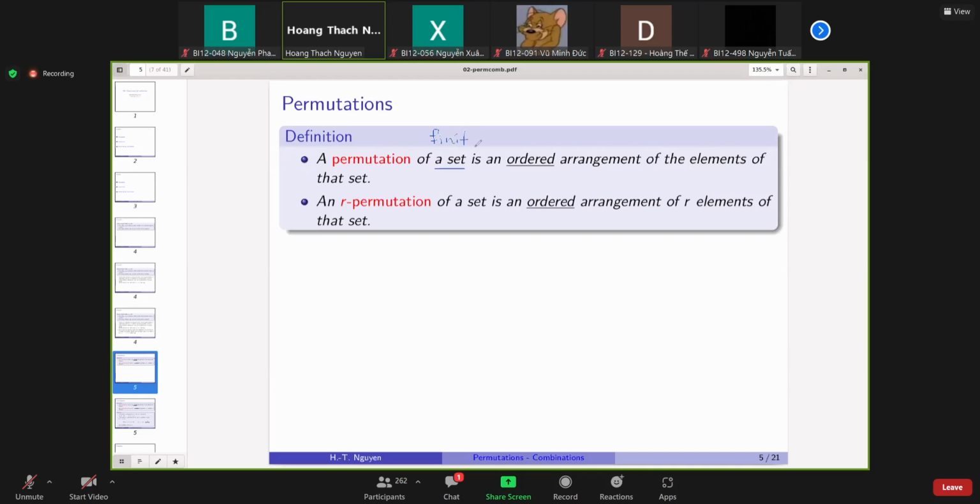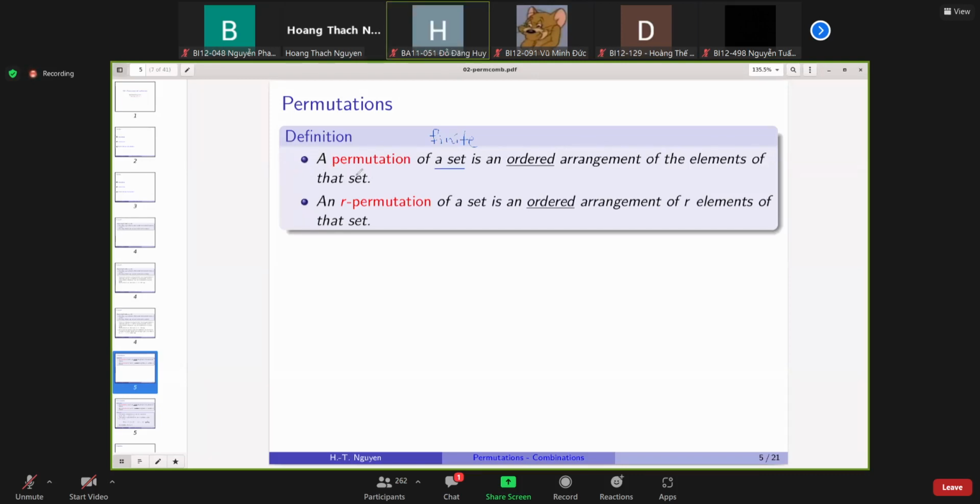It can be a set of integers, it can be a set of horses, or a set of circles or squares or anything, as long as it is a finite set.